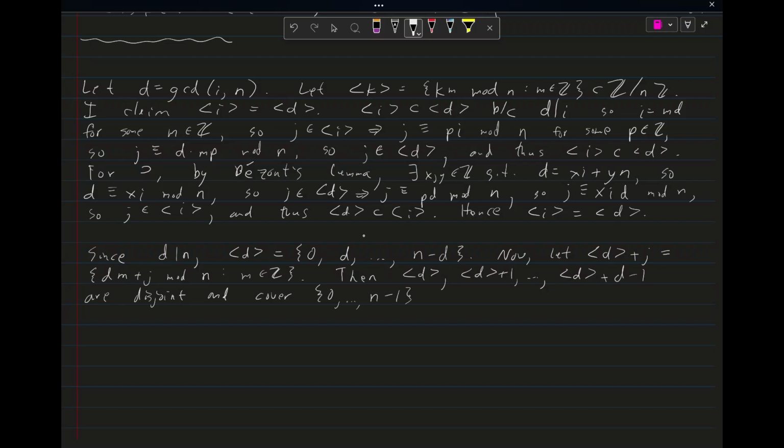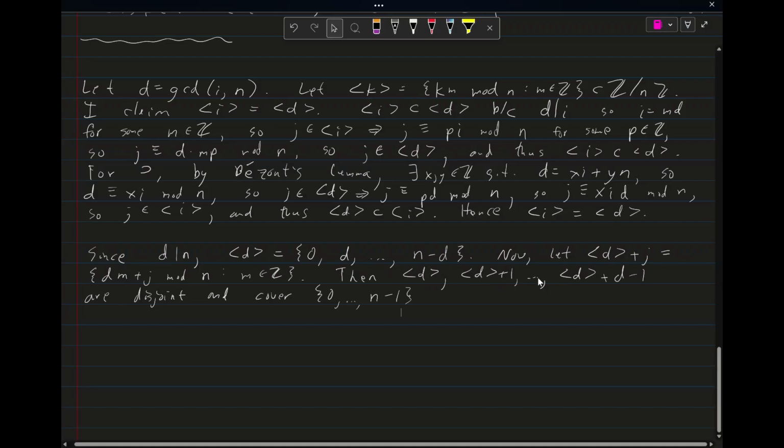Okay, and why is this true? They're disjoint because any element here is going to be dm plus j mod n.